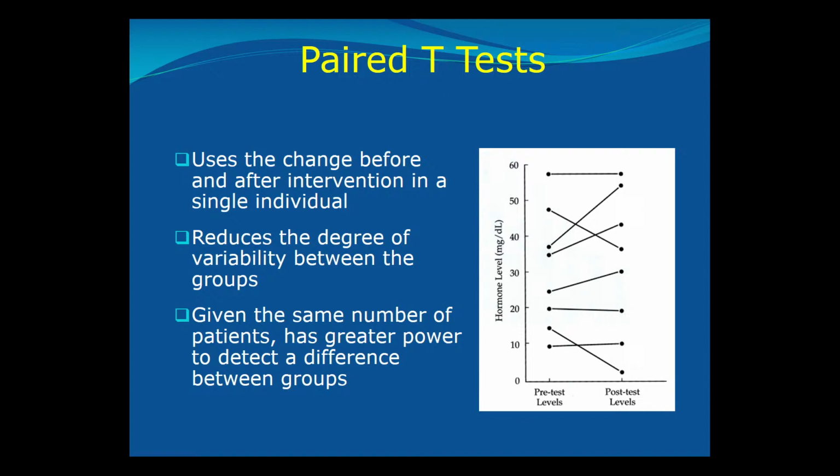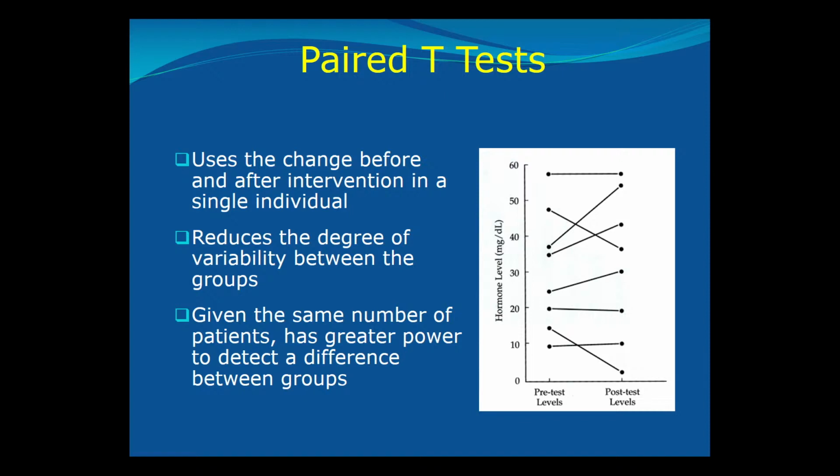Dependent samples mean that we use the same persons or same objects before and after the intervention, before and after the treatment. So the paired t-test reduces the degree of variability between the groups, and given the same number of patients has greater power to detect a difference between groups.